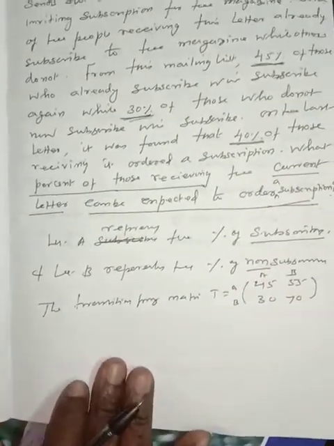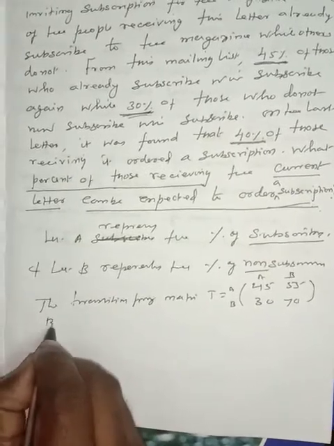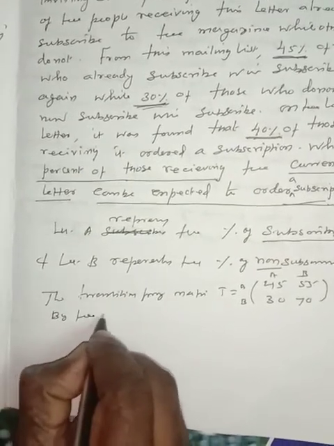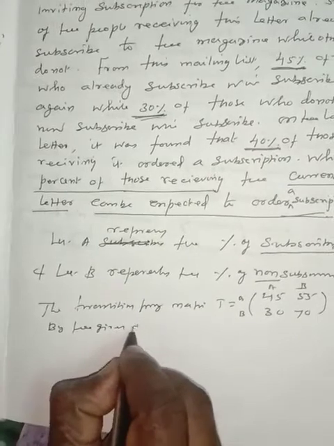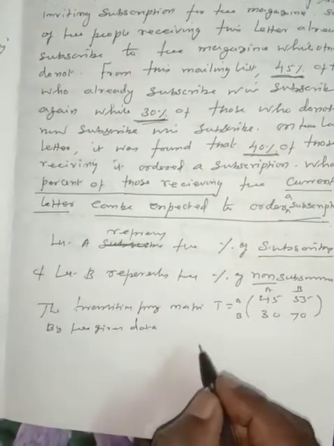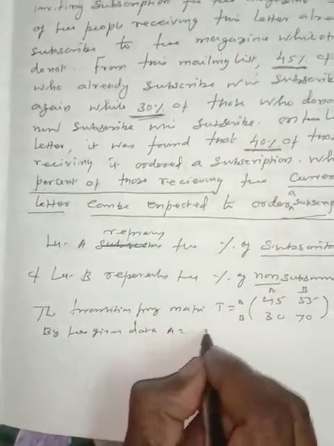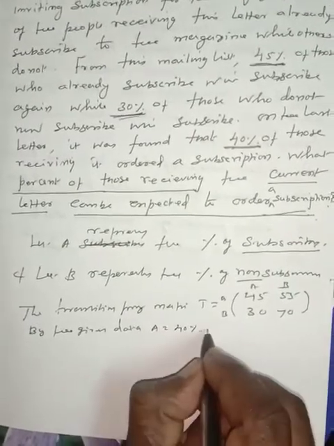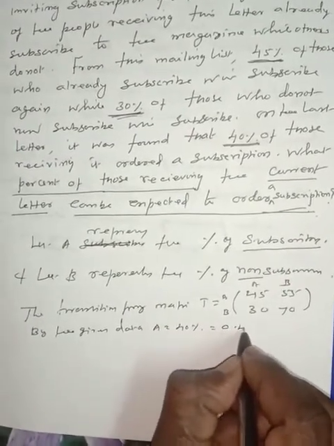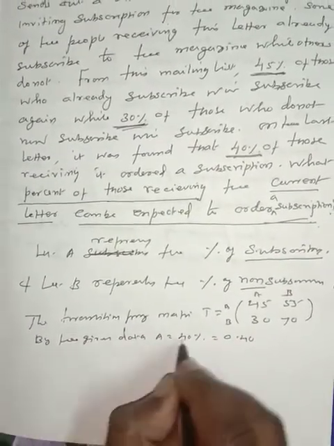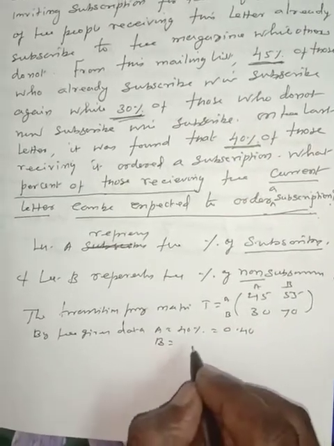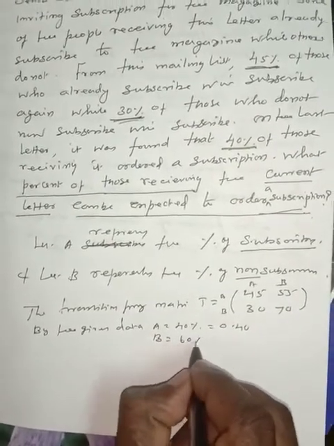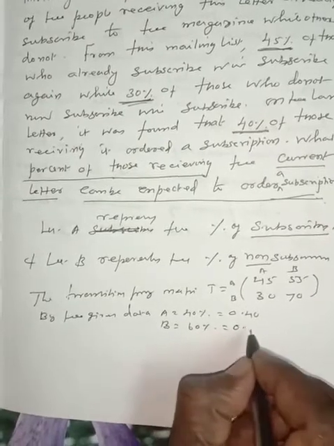Now, by the given data, A is equal to 40%, which means 0.40. B is equal to 60%, which means 0.60.